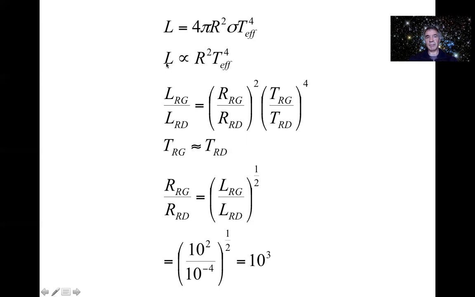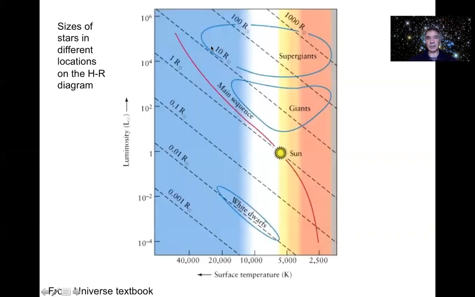You'd have log L equals 4 log T. And because temperature is going in the reverse direction on the HR diagram, you'd have a slope of -4 in there if radius was constant.